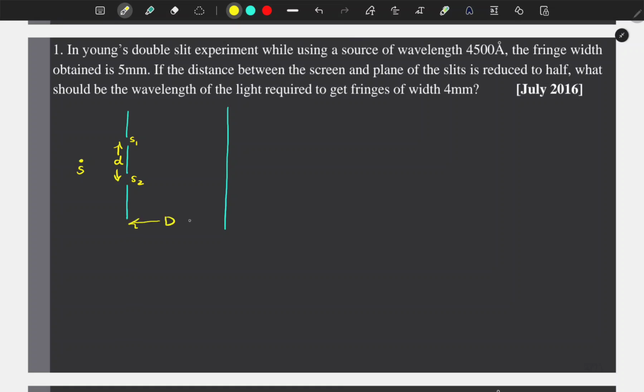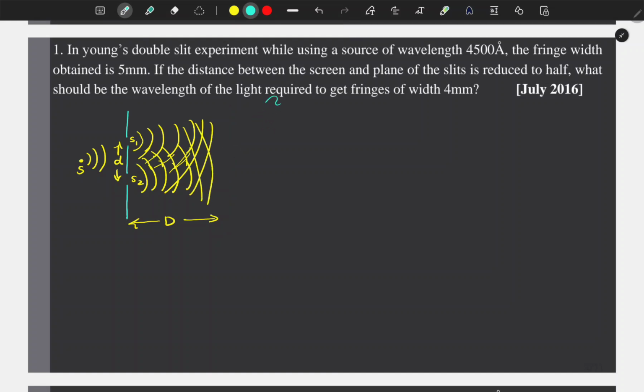The screen separation from the slits is given by capital D. When the light falls on the slits, they behave as coherent sources, and light from these coherent sources interferes with each other and produces an interference pattern on the screen like this. So you can see the pattern on the screen.